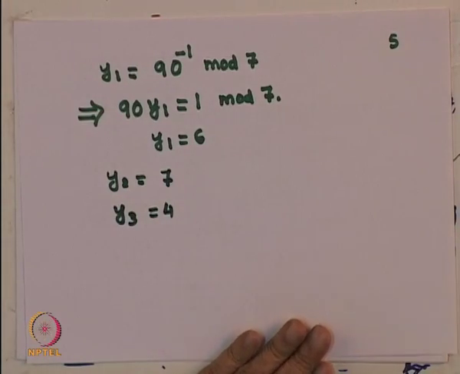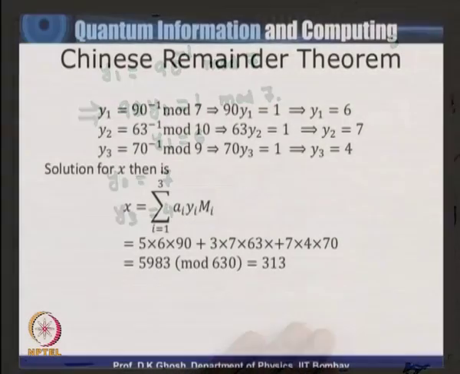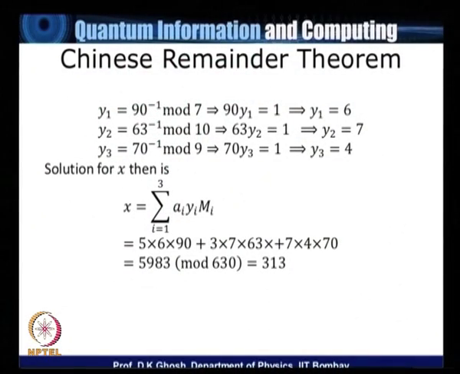A look at the slide gives you the result. You just add up. Now you have y1, ai, yi, Mi. Add this up. You get a number 5983, but our calculation is modulo capital M, so therefore it works out to 313. I leave it to you to check that this does indeed satisfy all the three equations that we wrote down. So now that we are in place for discussing what is RSA algorithm.